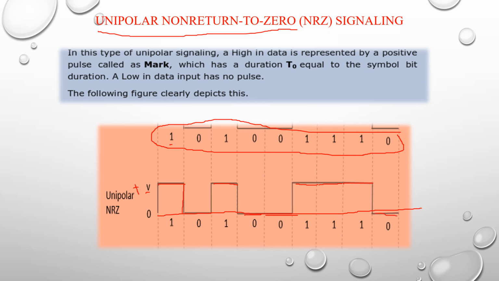So 0 is equal to the reference value. So this is the conversion. In unipolar non-return to zero technique, 1 is equal to the positive value and 0 is equal to the zero level. So this is the line code for the given digital data.